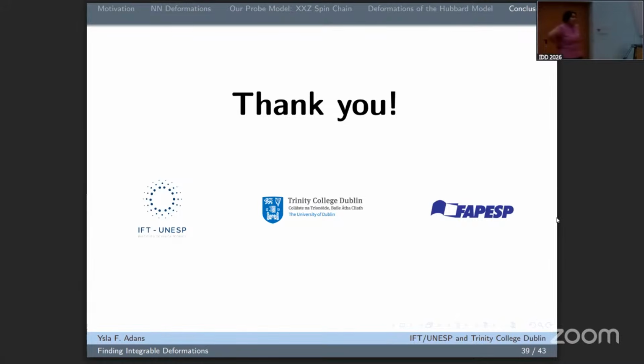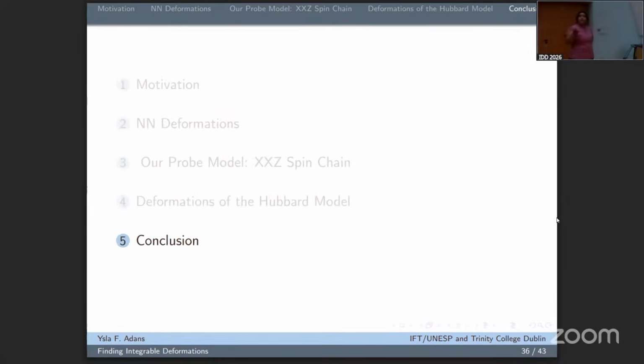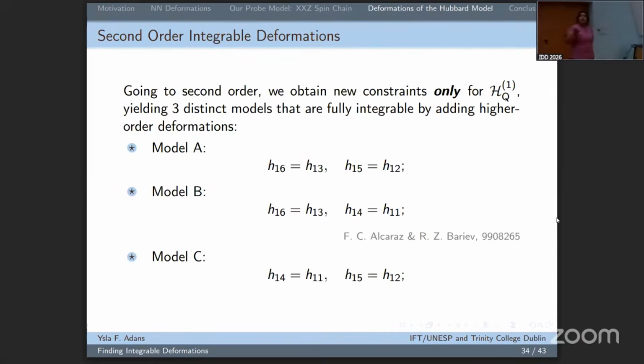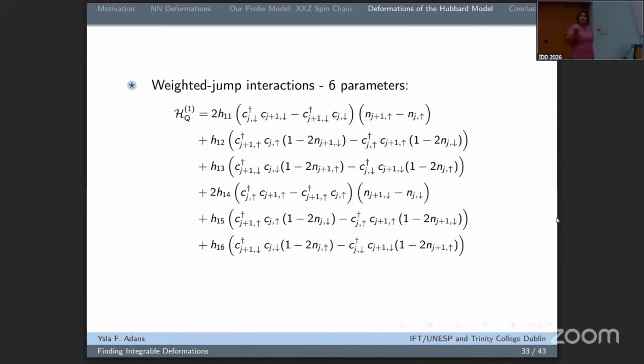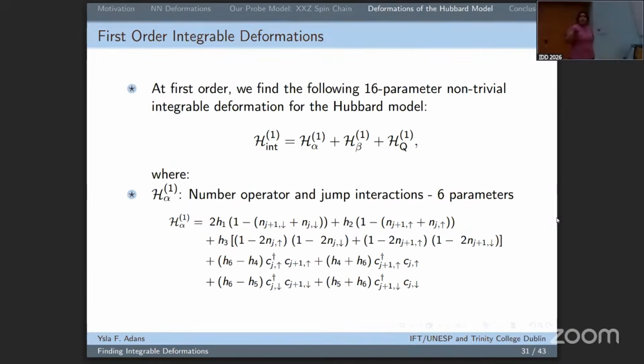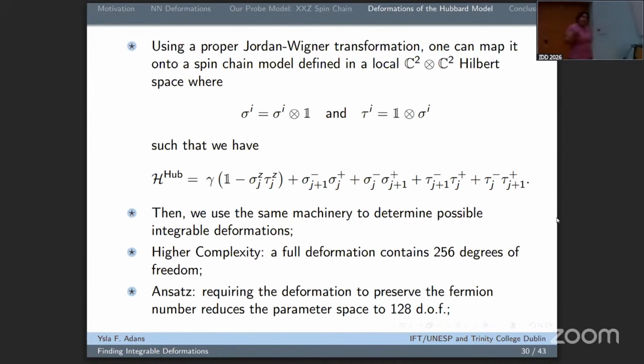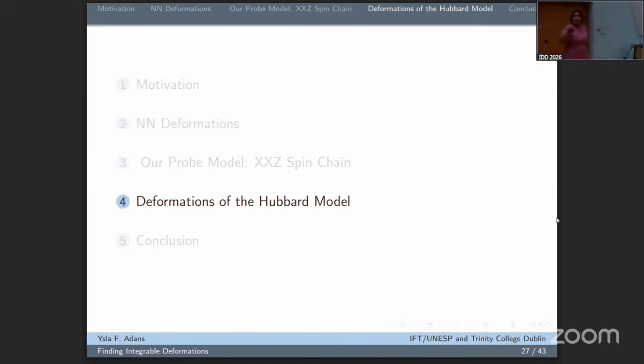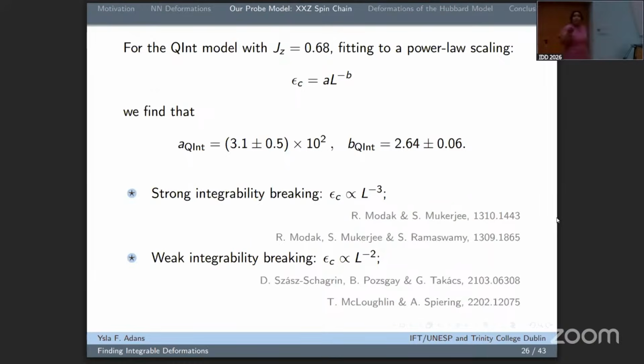Thanks for the talk. So for these quasi-integrable models, where you break at some finite order, I suppose the order at which you break should somehow play a role in this exponent of L that you found. Yeah, I think it might be. I'm not saying anything about this because I cannot be sure, but I think it might be playing some role.